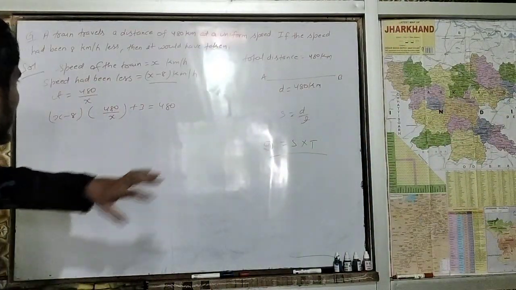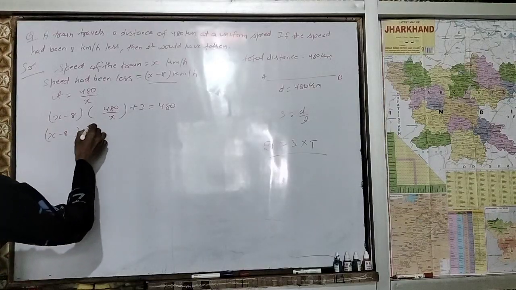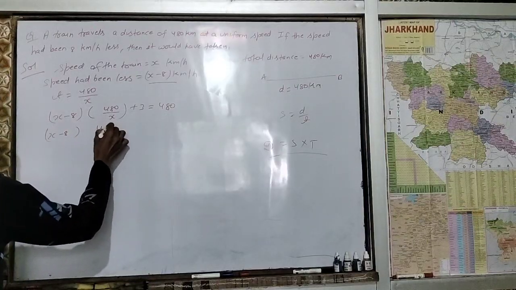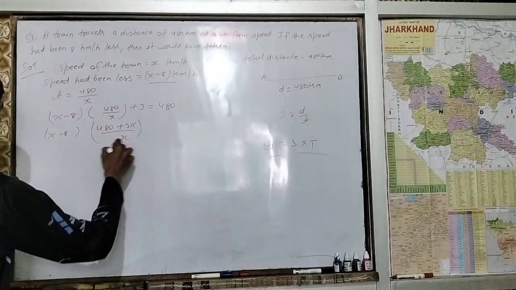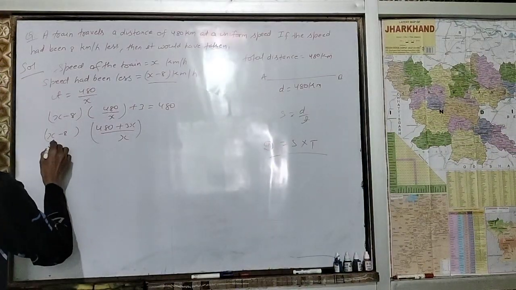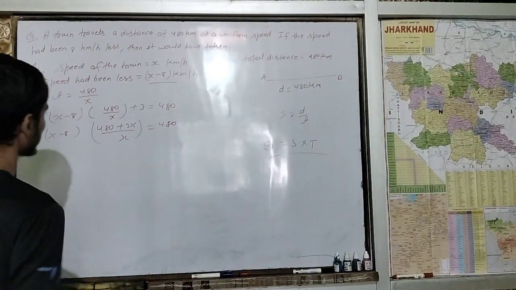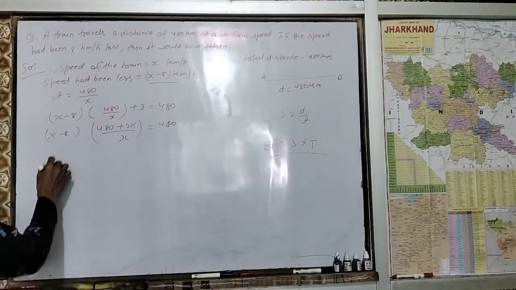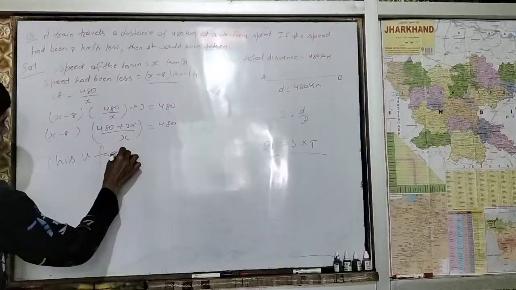Here simplify this: x minus 8 times 480 plus 3x upon x is equal to 480. Further of it, this is for you.